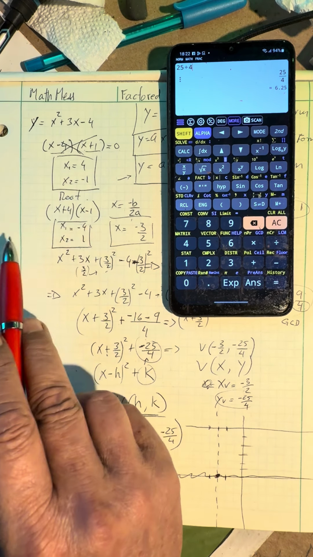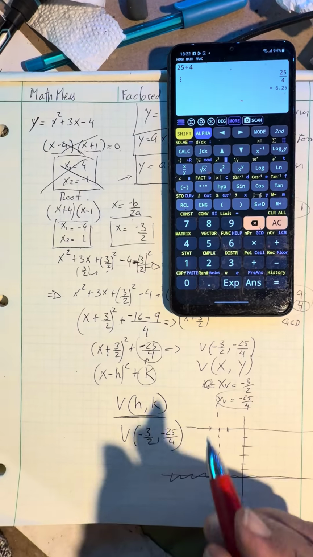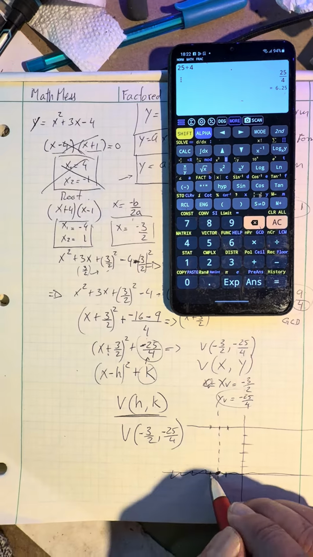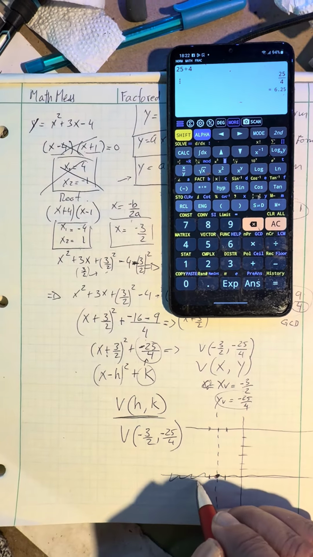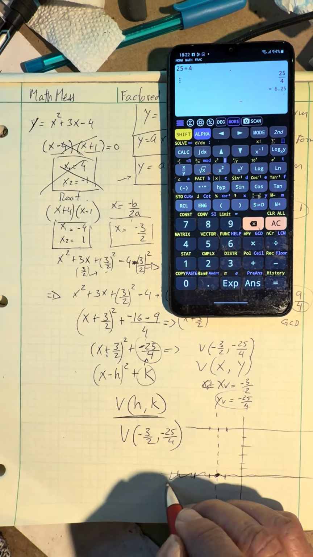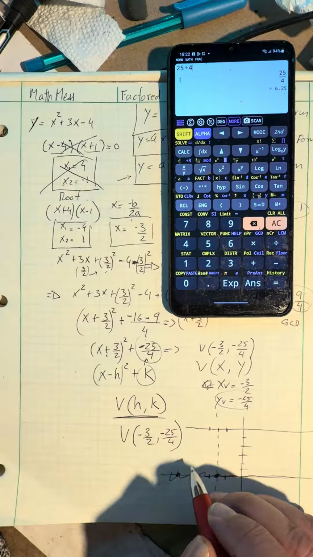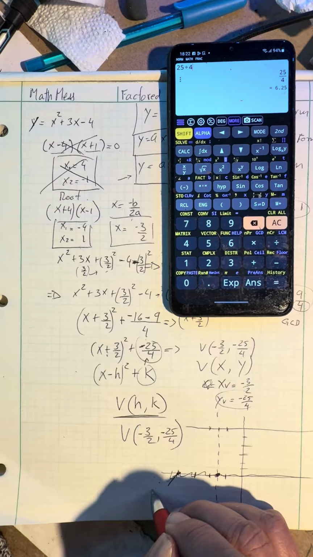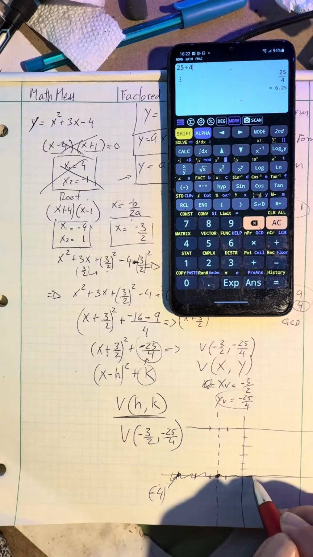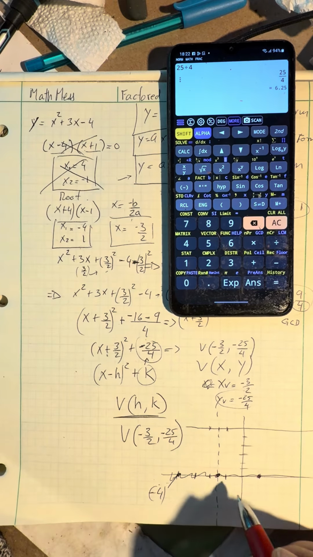The other point is minus 4, which would be 1, 2, 3, and 4. That's one point there. This is minus 4. And on the other side, we have to have 1.